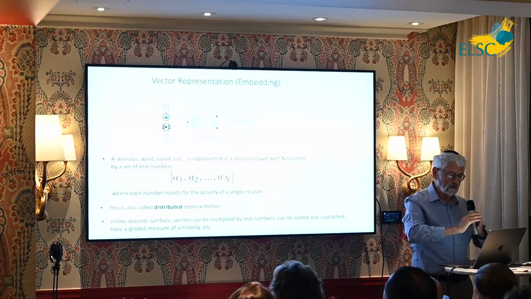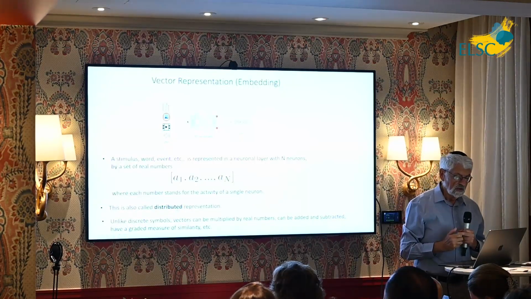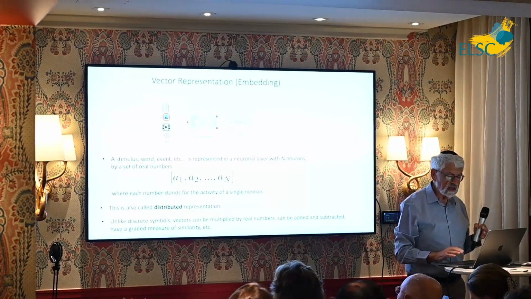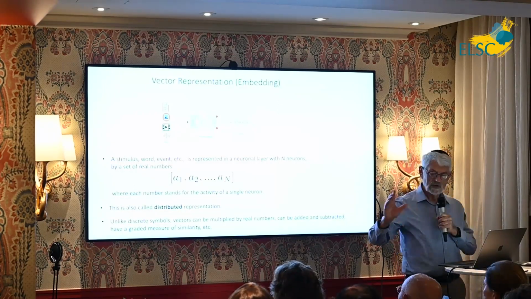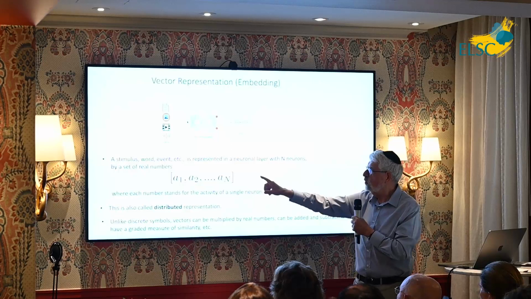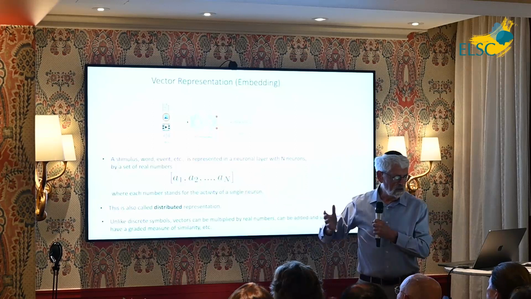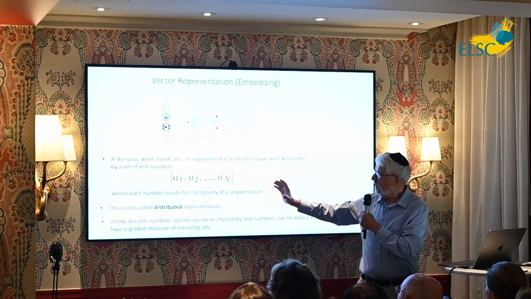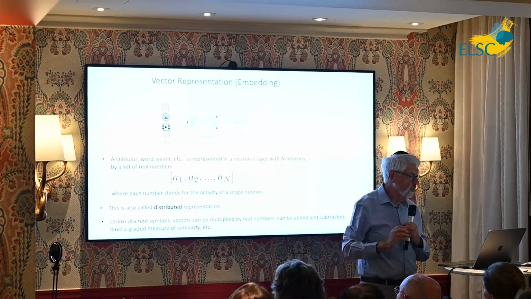It's a distributed representation, in the language of cognitive science and neuroscience, where each event engages a large population. This n can be hundreds or thousands of neurons that participate in this vector. So this is not multiple events, it's one event. One word would elicit a response by n neurons, and if you put them together, you get a vector, or a set of numbers, that represents this word.